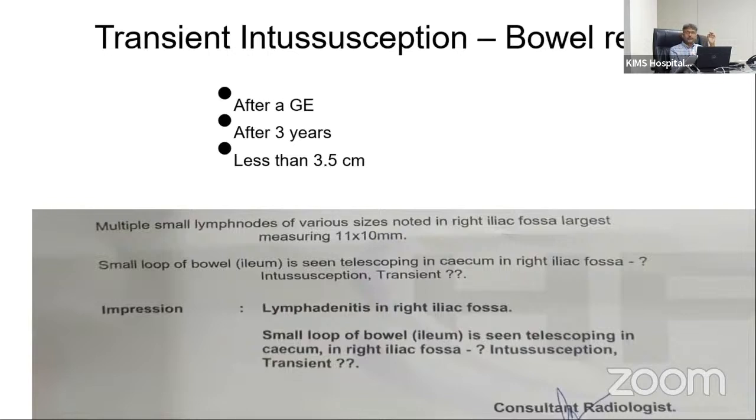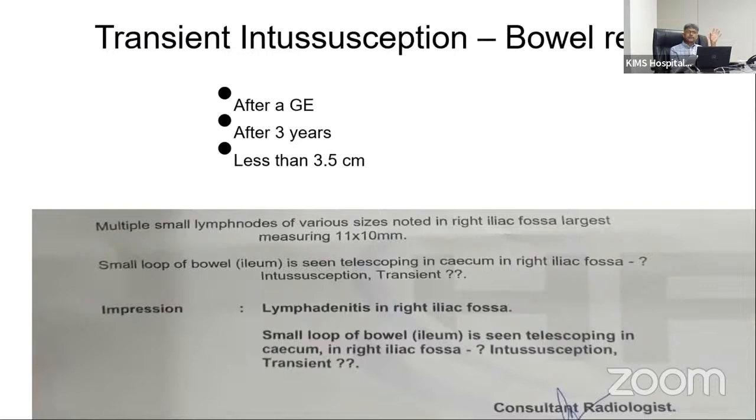The word intussusception doesn't mean that it needs surgery or a procedure. If it is small bowel to small bowel, that is what we call transient intussusception. These are conditions where we need not panic, we need not operate, just manage conservatively.